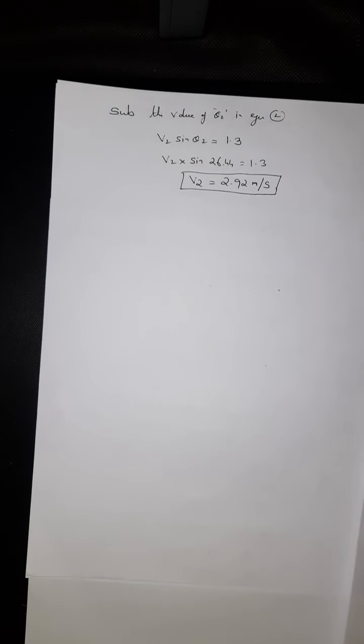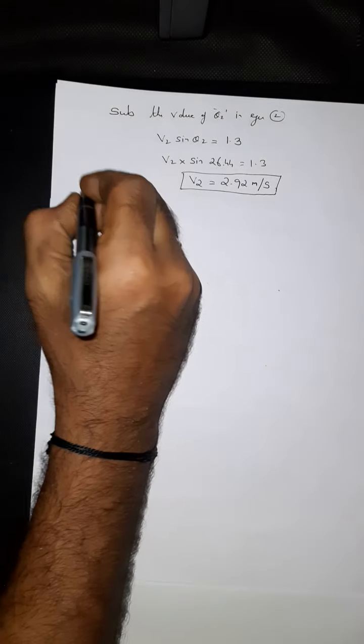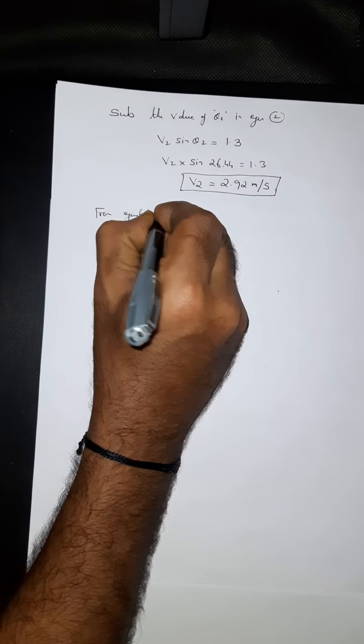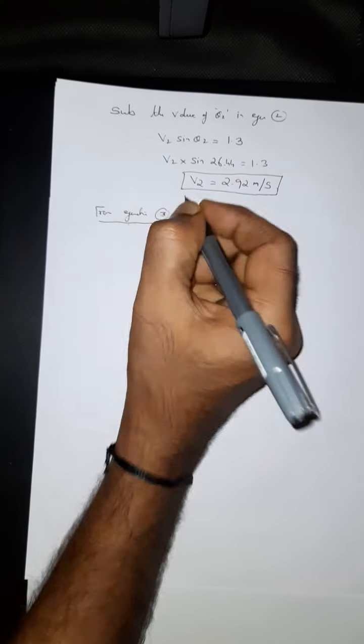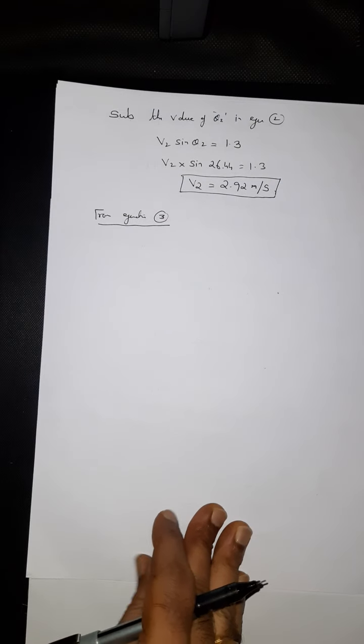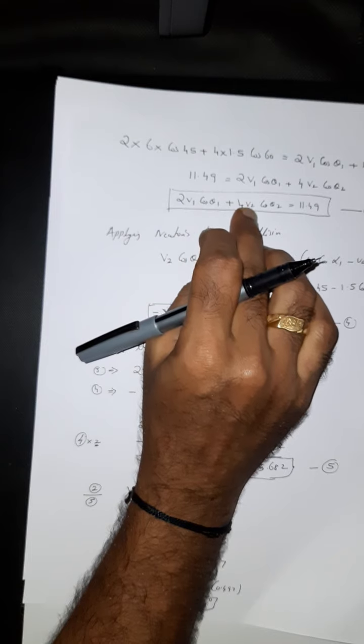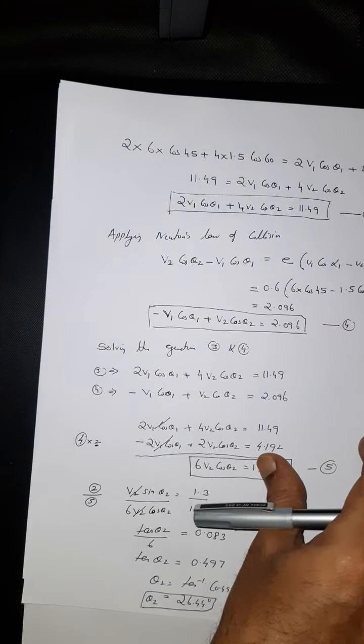Now from equation 3: 2 v1 cos theta 1 plus 4 v2 cos theta 2 equal to 11.49.